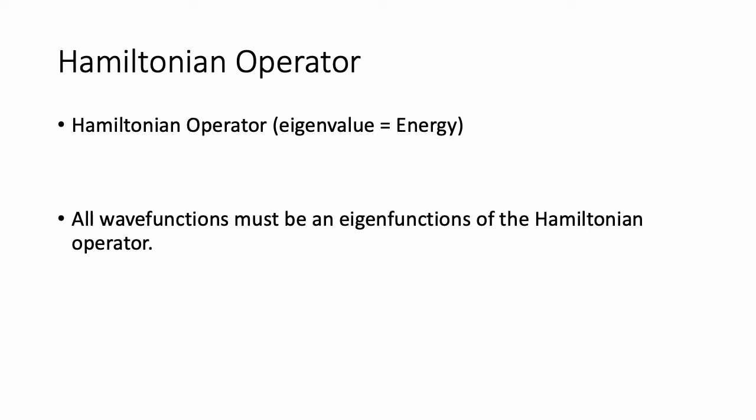So the final operator we need to talk about is the Hamiltonian operator, and the eigenvalue you get back from applying this operator is actually the total energy of the system.